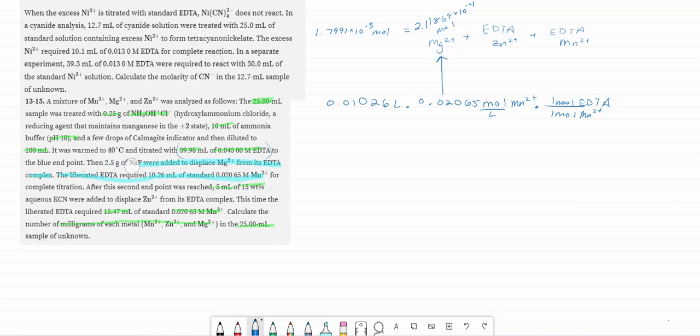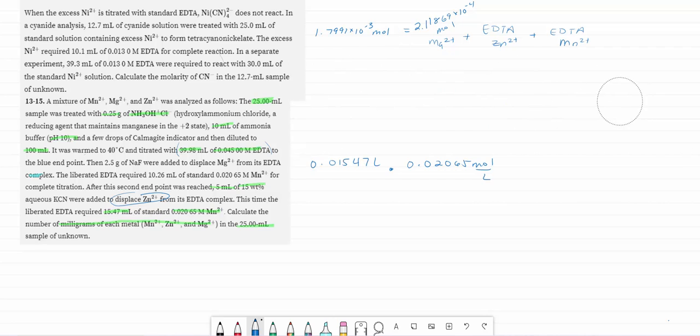So now what about the zinc? I'm going to get rid of the blue over here. To displace the zinc, this time the liberated EDTA required 0.01547 liters of standard 0.02065 moles per liter. Now we are working on zinc.